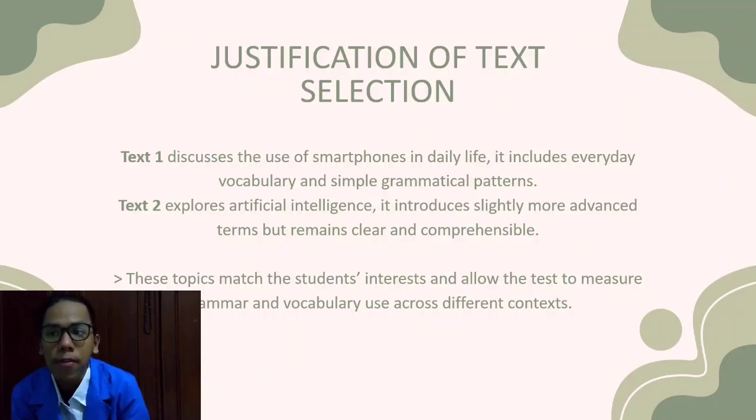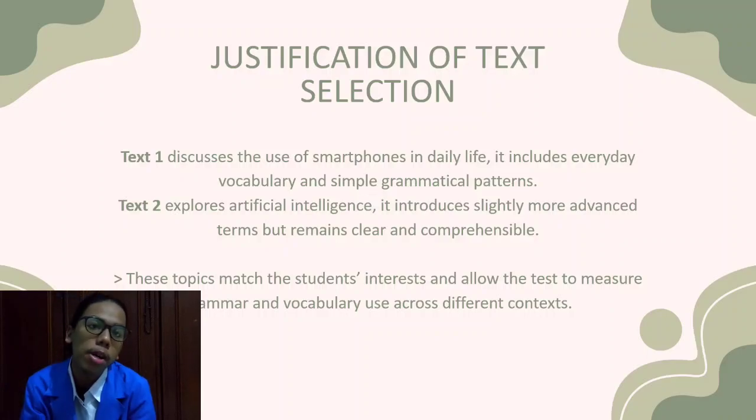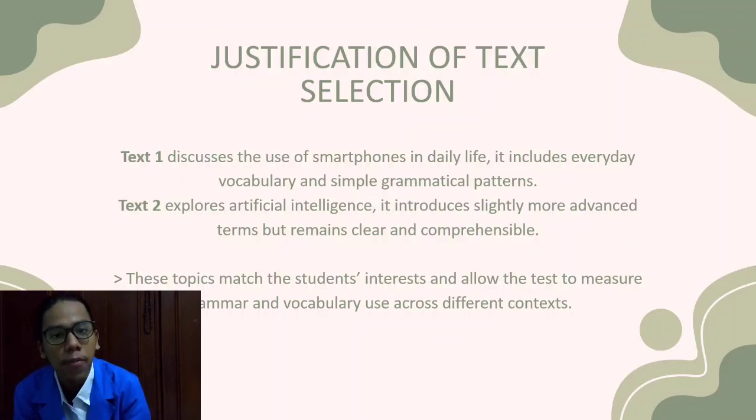It includes everyday vocabulary and simple grammatical patterns. And text 2 explores artificial intelligence, or AI. It introduces slightly more advanced terms but remains clear and comprehensible. These topics match the students' interests and allow the test to measure grammar and vocabulary use across different contexts.